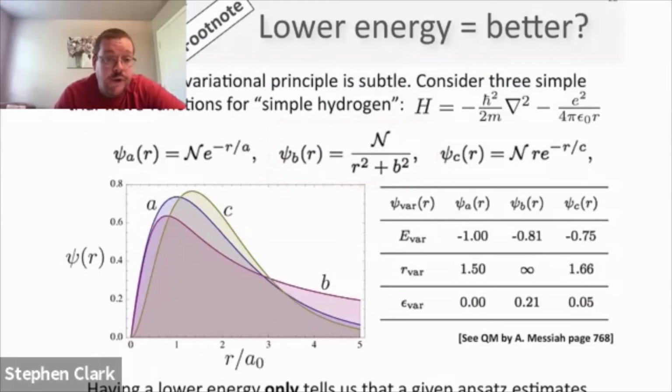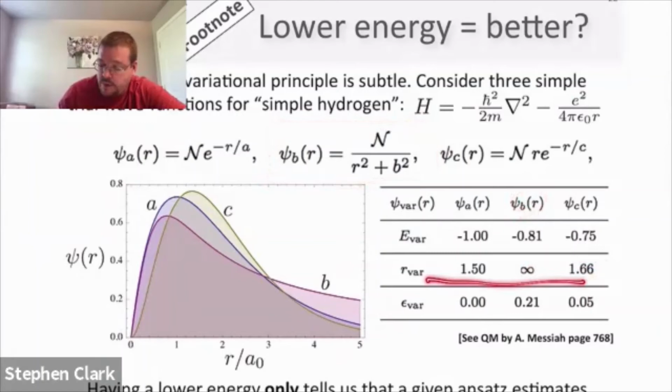It's actually got a diverging electron position. The integral for the electron's location is divergent. So it's actually infinite, which is really bad. It's telling you this ansatz is rubbish for telling you anything about where the electron is. This one's not too bad, actually, the C.